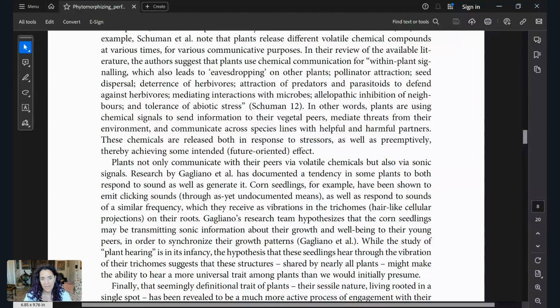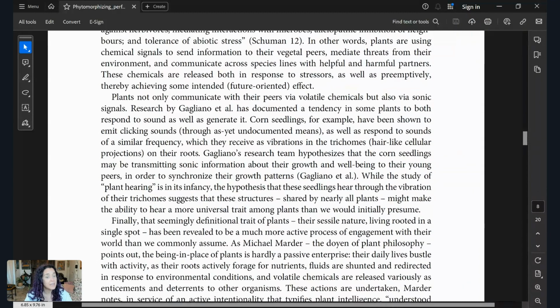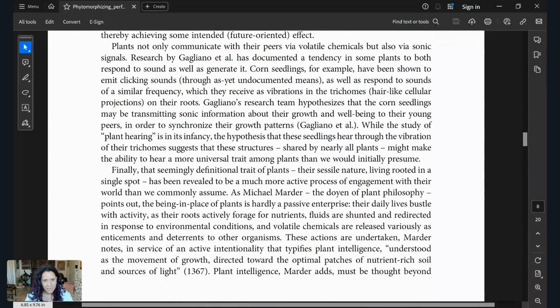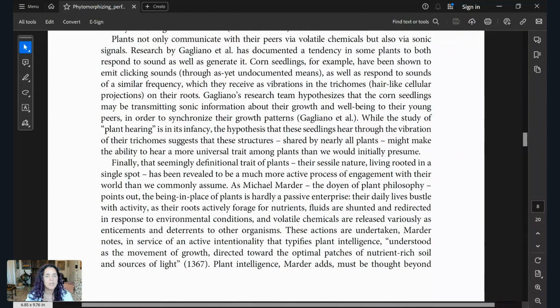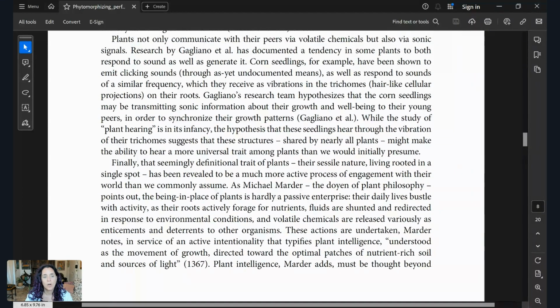We all know this aspect of plants. So when you read this, you can read how he is defining them. So we know that plants communicate via volatile chemicals. Here he's talking about an example of clicking sounds. So these are the corn. This is Monica Galliano's research into corn seedlings and how they make sound.